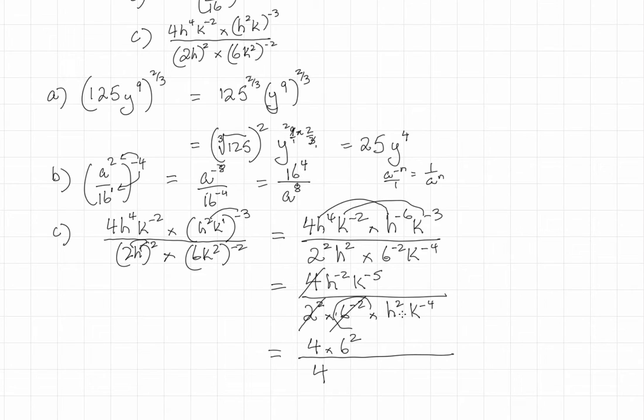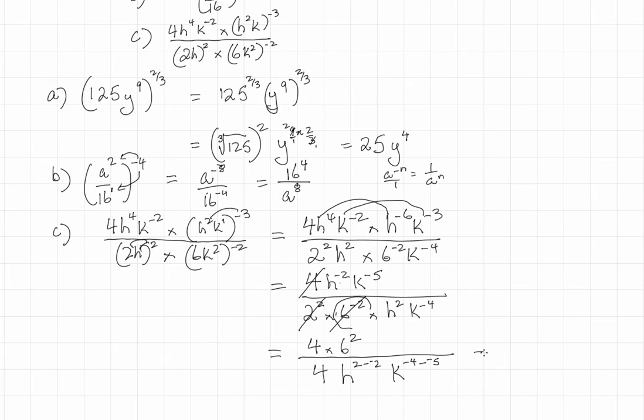Now we look at the h's and we say, well, where are there more positives? There are more positives down here, so it looks like the h's are going to stay there. 2, and because this is like dividing that into that, it'll be 2 minus negative 2. And there are no positive powers of k, but this is not as negative. Negative 4 is not as small as negative 5, so we'll go k to the negative 4, take negative 5.